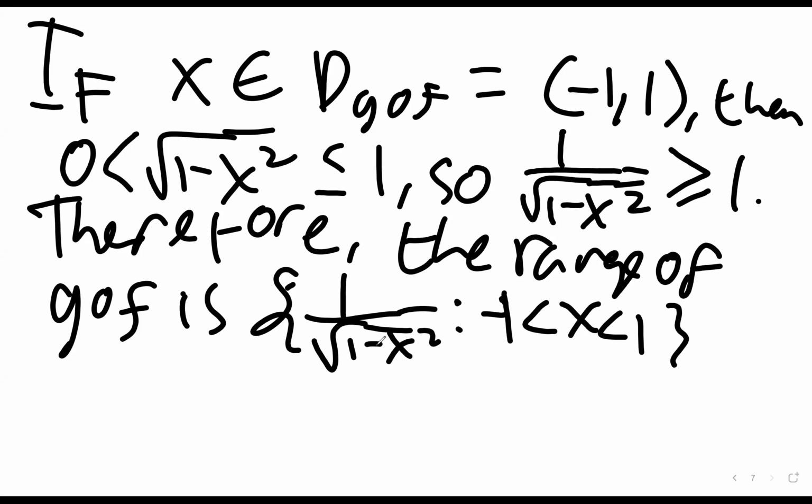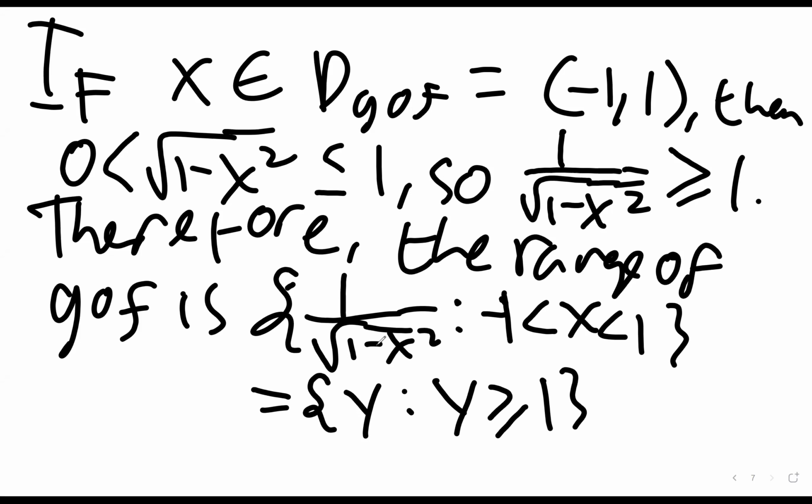And literally, this would be the set of numbers y for which y is greater than or equal to 1. You can write it in interval notation as [1, infinity). Okay.